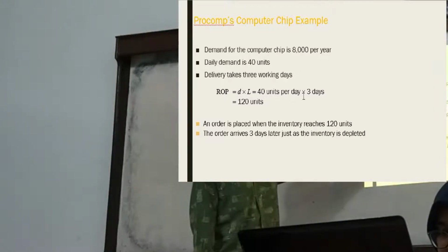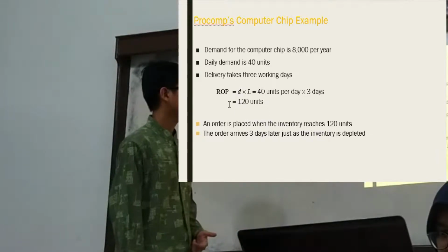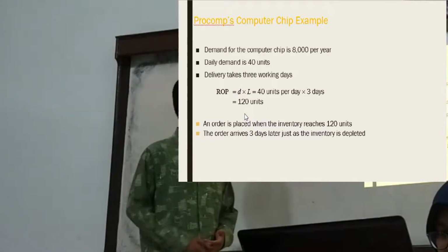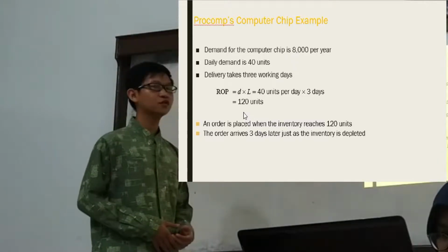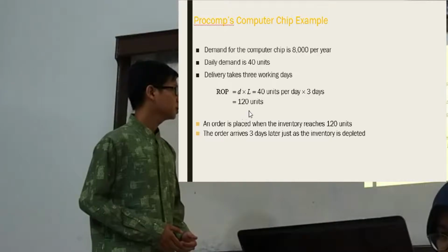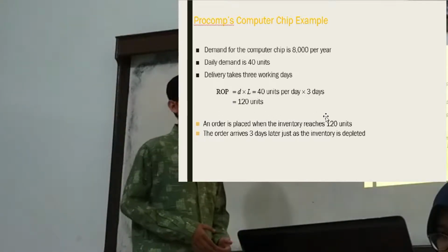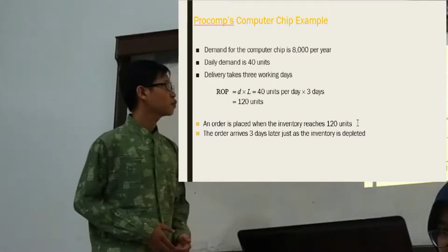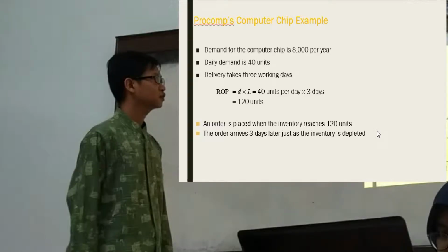We can calculate here 4 units per day times 3 days. We get 120 units. An order is placed when the inventory is 120 units. The order arrives 3 days later, just as the inventory is depleted. This is the lead time for ROP.